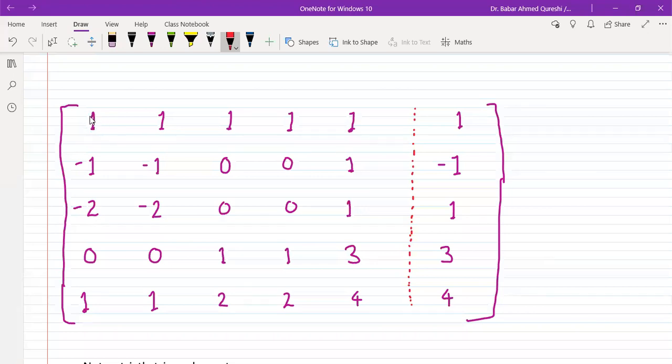In this case, we already have a non-zero entry, so we are fine. So we start with this one. And the goal is to make everything below it zero, because that's what a triangular matrix is. Triangular means you go along this diagonal and make everything below the diagonal zero by adding rows.